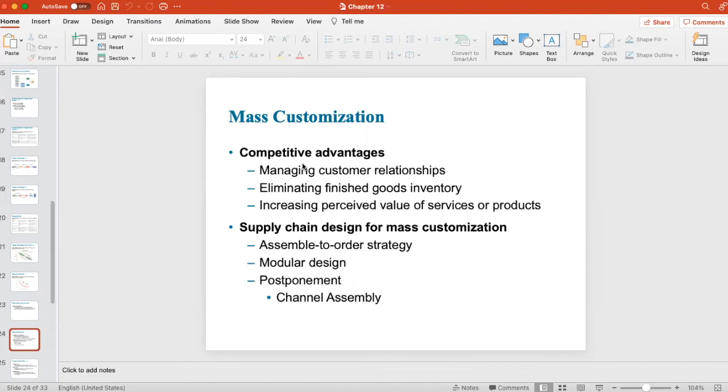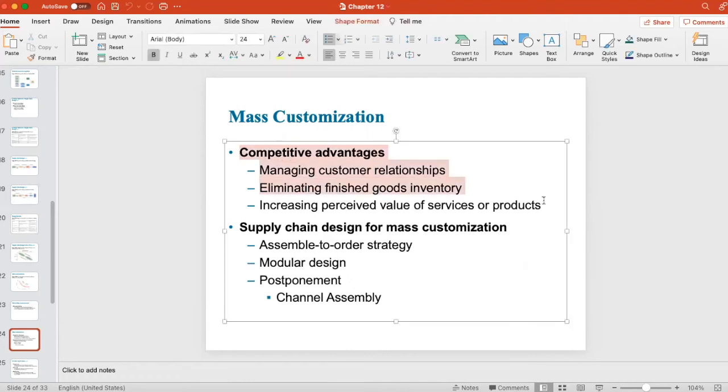This is why the assemble to order strategy really conveys the mass customization idea within this whole strategy. All right. And of course, it reaches competitive advantage through this whole process. For example, it's better to manage customer relationships when we allow them to do some customization, right? Here, the assemble to order strategy definitely reaches that goal.